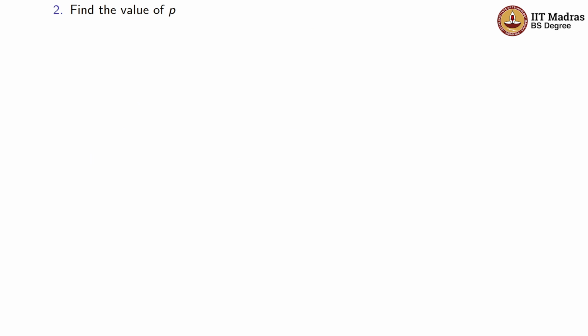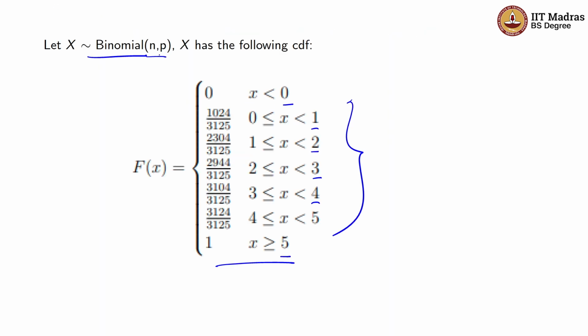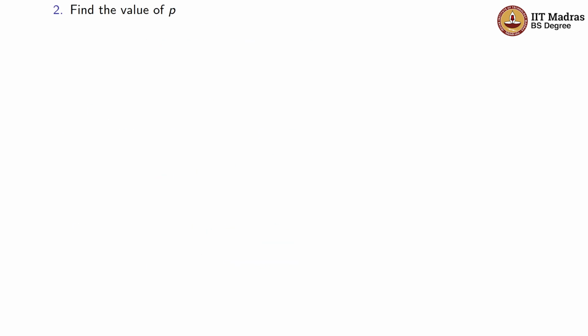Question number 2, find the value of p. Here we are given that X is following a binomial distribution with parameters n, p, and we have already calculated the value of n, which is equal to 5. Now we know the formula of CDF: F(x) is equal to the probability X is less than or equal to x.